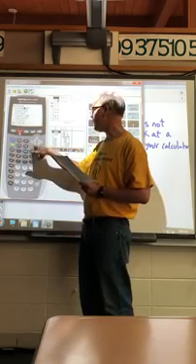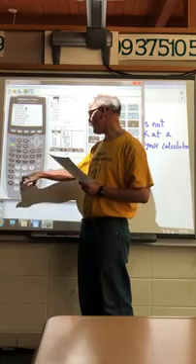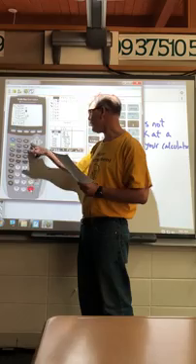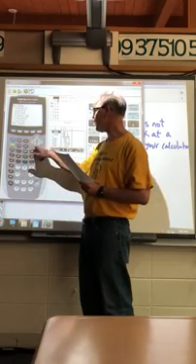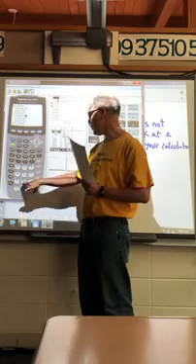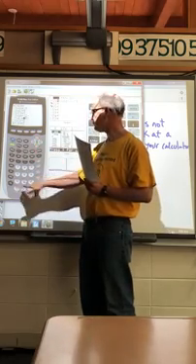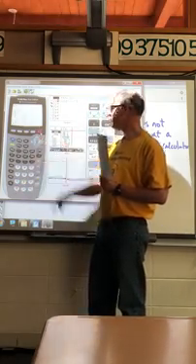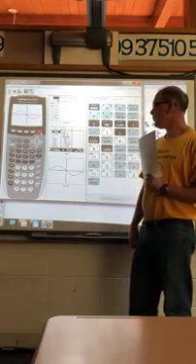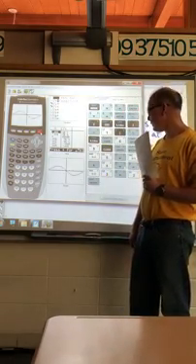I'm going to knock that down to negative 5 and 5 in the x direction, and negative 2 and 2 in the y direction. Looks a little bit like a sine graph, doesn't it? Okay.